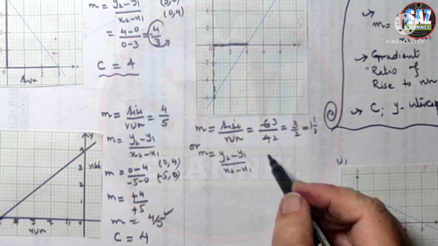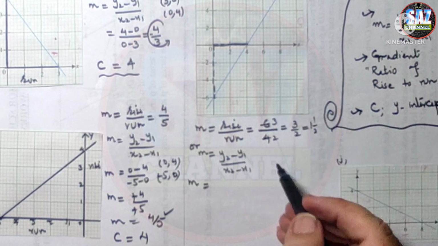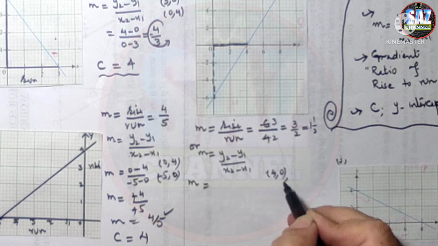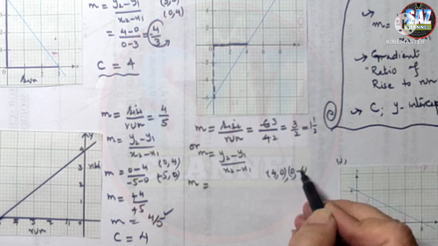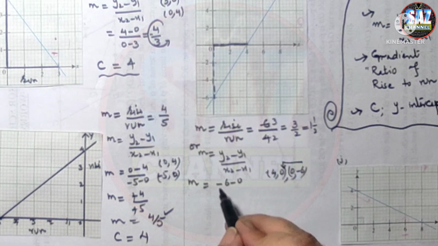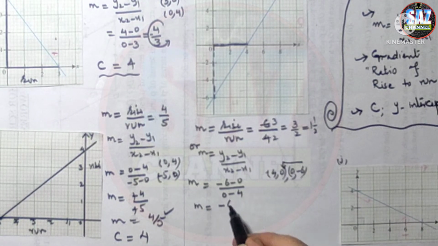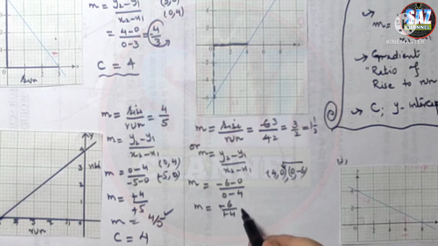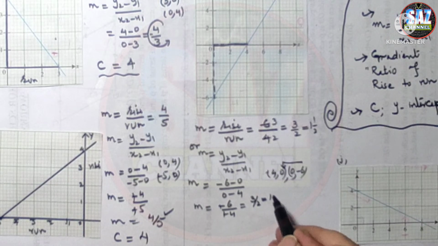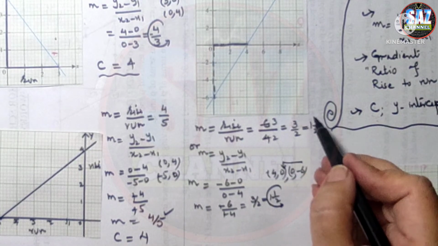Now what we can do is take any two points, like I'm taking 4 and 0, and 0 with minus 6, y2 minus y1, minus 6 minus 0 upon 0 minus 4, m equals minus 6 by minus 4, which will finally give me 3 by 2 or 1.5 or 1 whole 1 by 2. So the gradient of this line is 3 by 2 or 1.5.